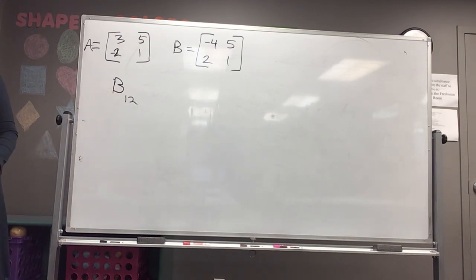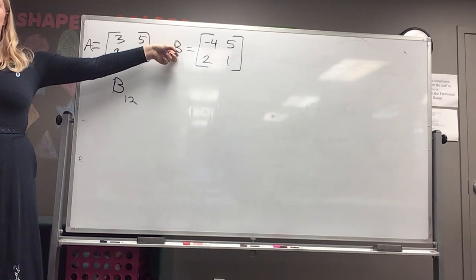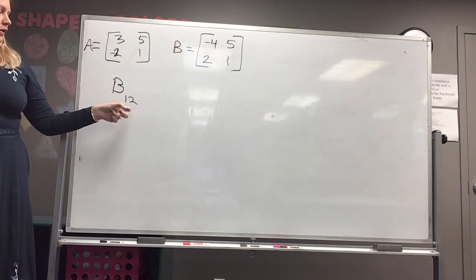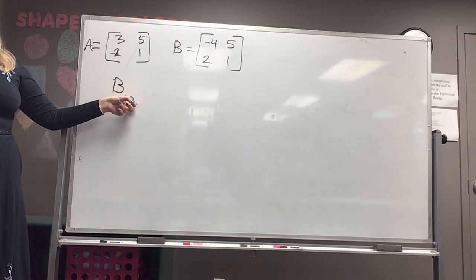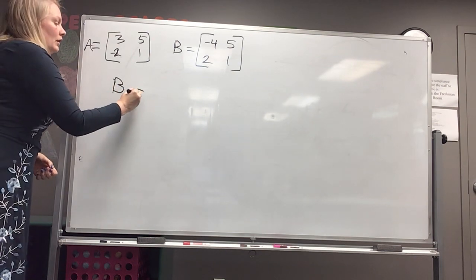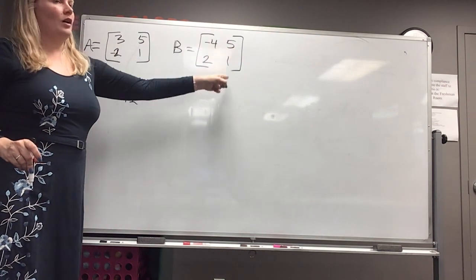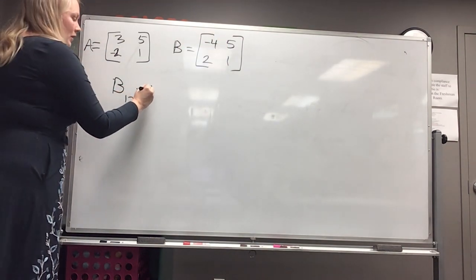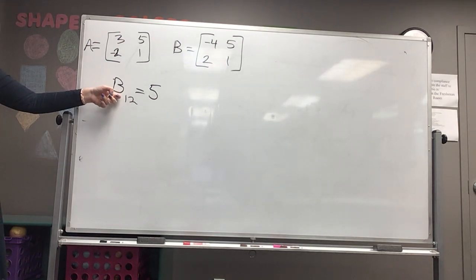This is talking about the element or the piece of the matrix. B is going to come from this part. 1 is the row, 2 is the column. And so B1,2 is talking about matrix B, row 1, column 2. This is the number 5.